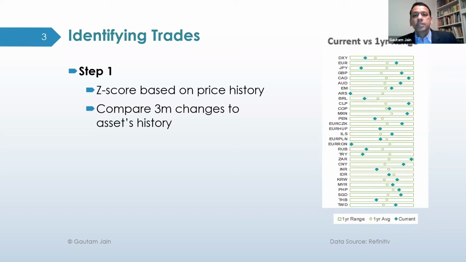The next step is to identify the outliers, which I do by computing z-scores for each of them. The idea is anything that has deviated significantly from its mean over the past 2 or 3 years will be highlighted as an outlier.